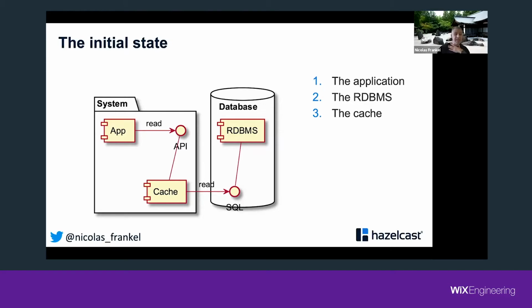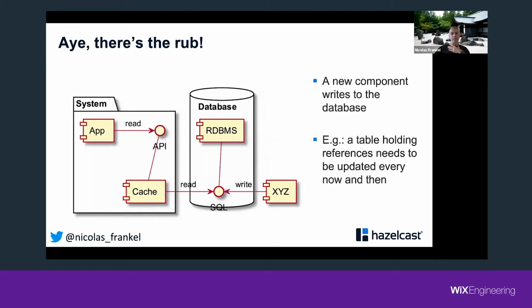But that's never the case. In a lot of cases, you will find something else, a component that will write in your database. And the problem is that your cache will become stale. As I mentioned, it might be pricing regarding microservices.